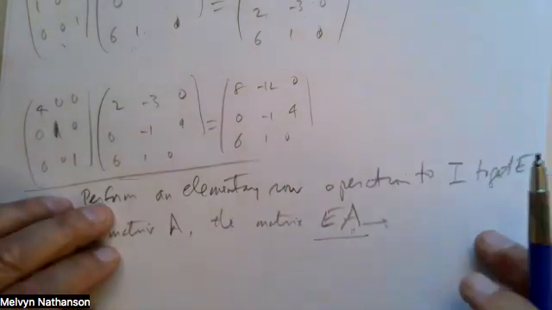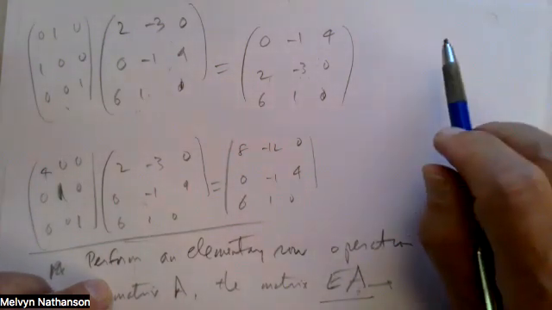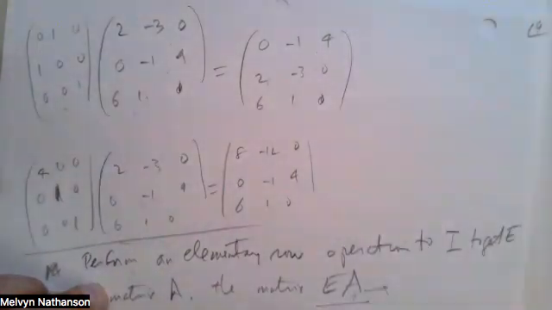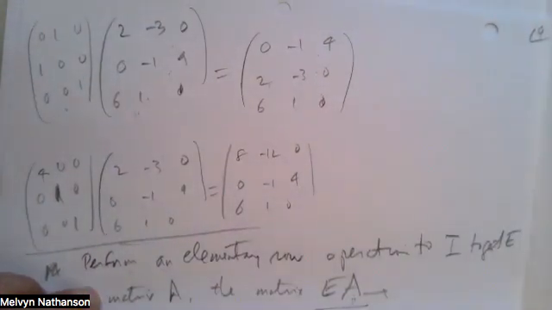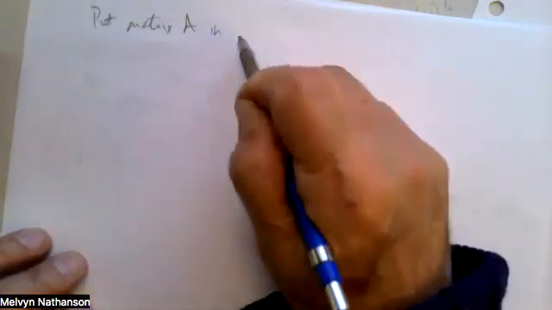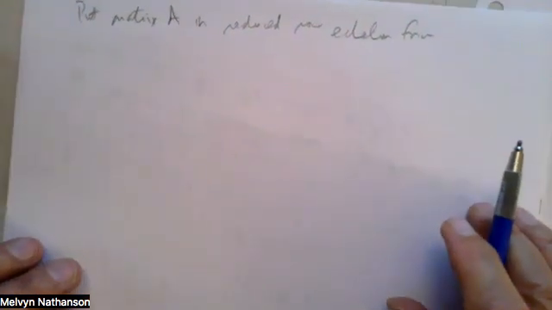So what that means is, suppose I want to row reduce my matrix. So I want to put matrix A in reduced row echelon form. So how do I do that?